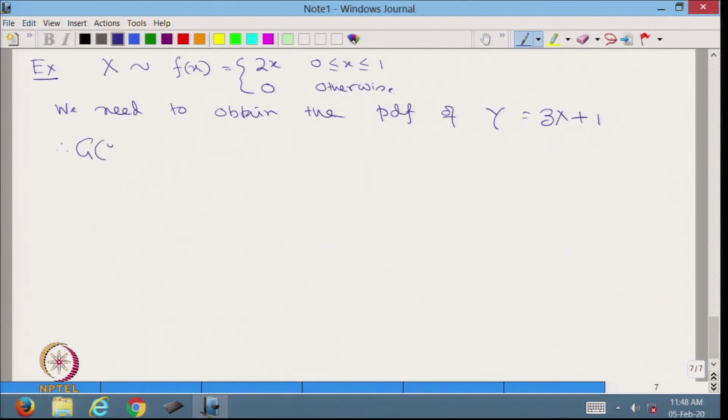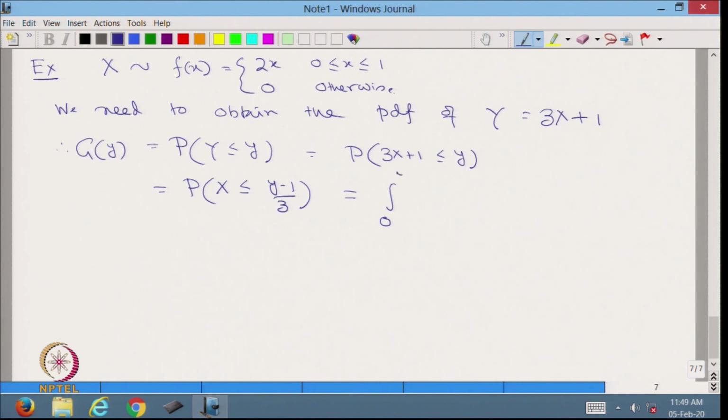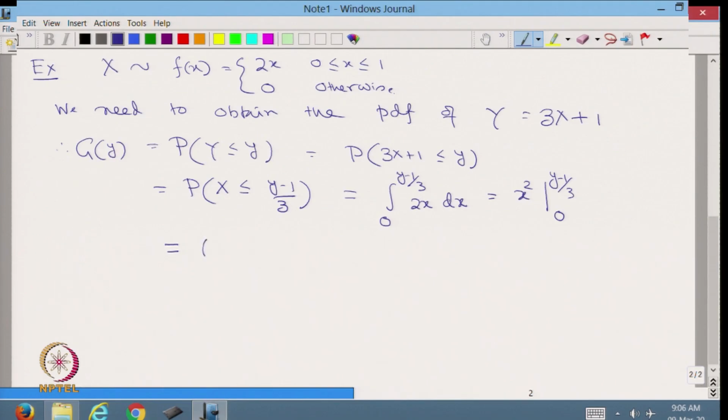Therefore, G of y is equal to probability Y less than or equal to small y, is equal to probability 3X plus 1 less than or equal to y, is equal to probability X less than or equal to (y minus 1) upon 3, is equal to the integration from 0 to (y minus 1) by 3 of 2x dx, is equal to x square from 0 to (y minus 1) upon 3, is equal to ((y minus 1) upon 3) whole square.